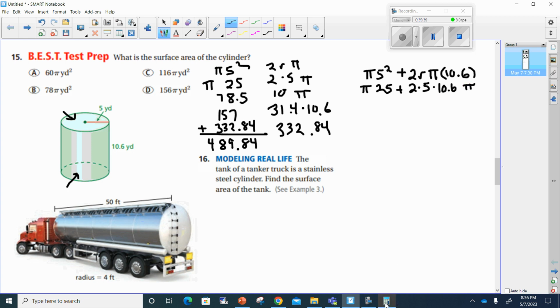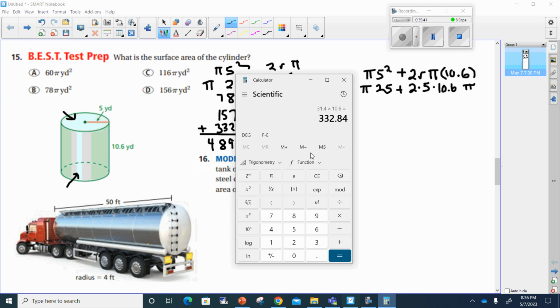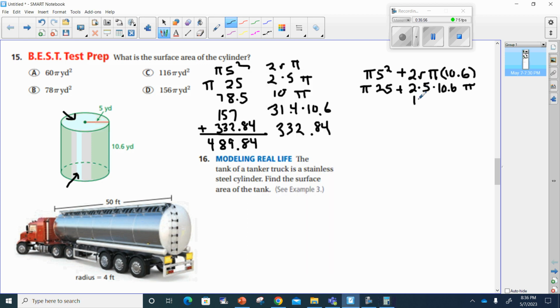All right, so let's multiply all that together really quick. That's going to give me 2 times 5 times 10.6. That's going to equal 106. So now we got 106 pi.